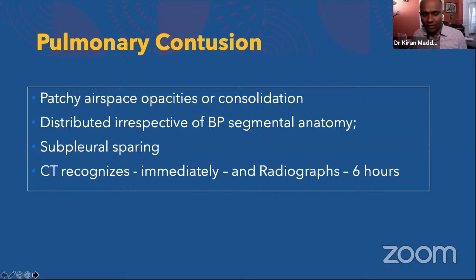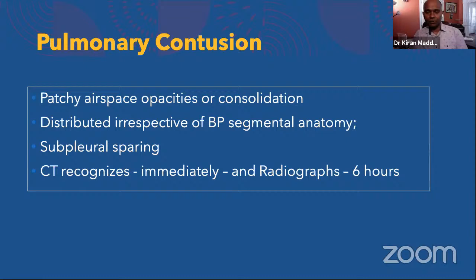Yes, I totally take the consolidation word here, because any opacification of the lung parenchyma can be called consolidation. It could be opacified with blood, pus, or fluid. So airspace opacities or consolidation. I give Salim complete points there.